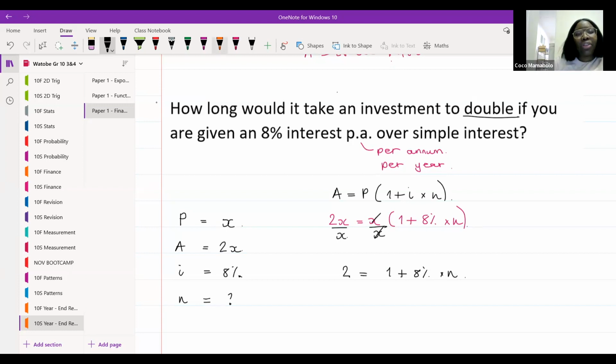My next step is to take my 1, move it over to the other side, and it's going to become minus 1. 2 minus 1 is going to give us how much? Correct, 1. So 1 is equal to 8% multiplied by n. What's my next move?